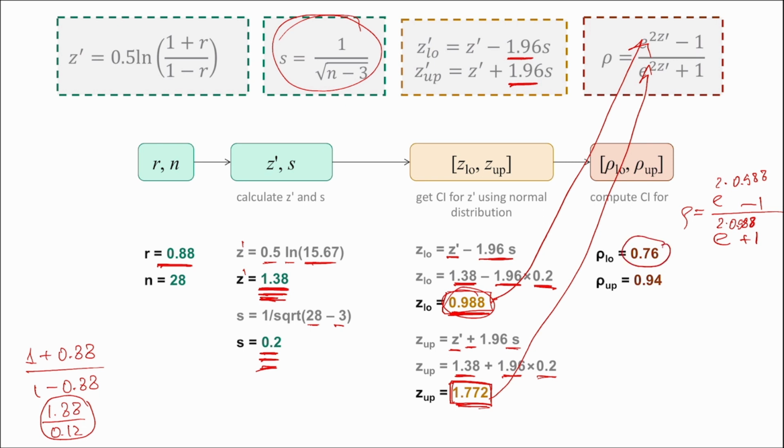And that gives you 0.76. And if you do the same for the upper value, it will give you 0.94. So we know that the rho for the population lies between 0.76 and 0.94 with 95% confidence.